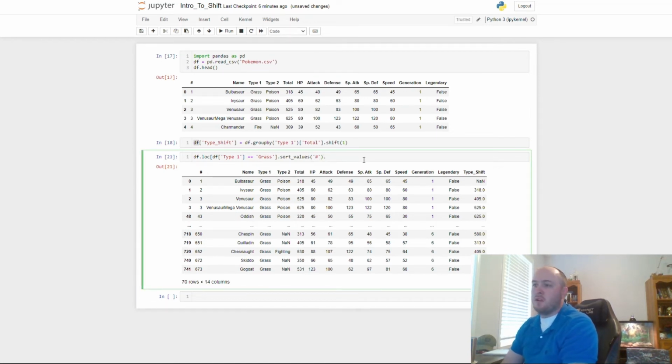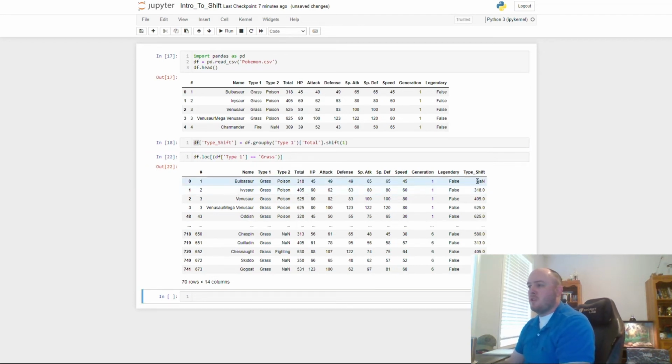Oh, it's already sorted like that, so we're just going to say head. And we've got 70 rows here. So what we can do to make it easier to see is do a multi-argument loc. We'll just leave it like this this time. So you can see here that it shifted down 318 to 405.